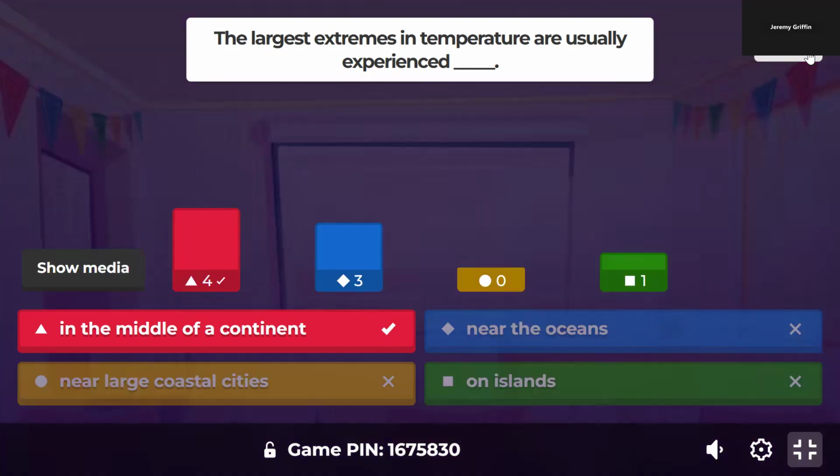Yeah, middle of the continent, like out in the Midwest, you guys just said. Because you're just land surrounded by land. Do you guys notice that all these other options are surrounded by water? Ocean, coast, island. If you're surrounded by large bodies of water, it's really hard to change the temperature of water.